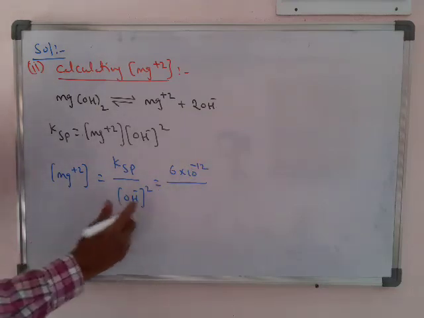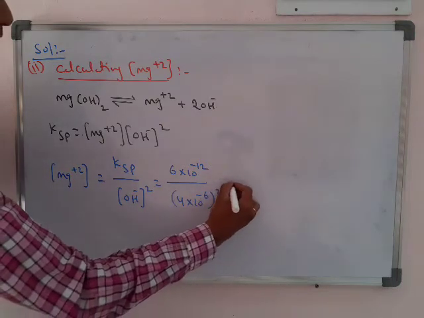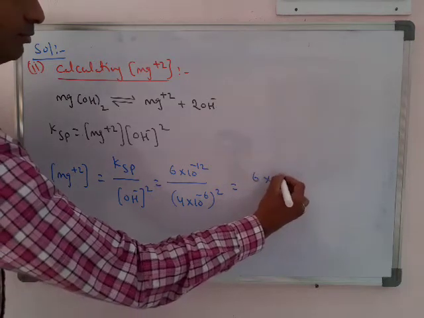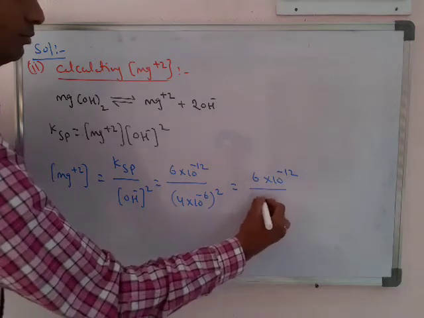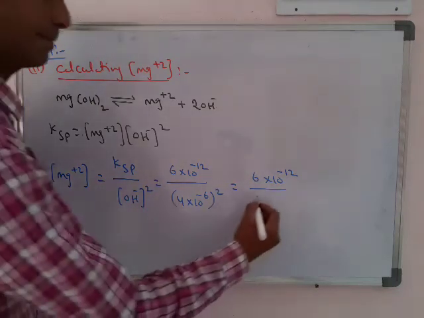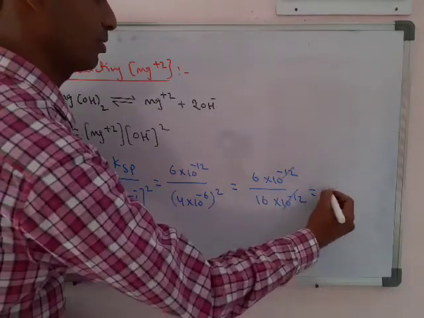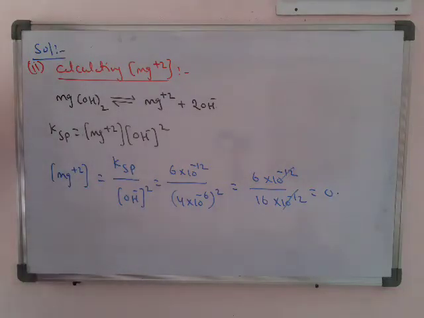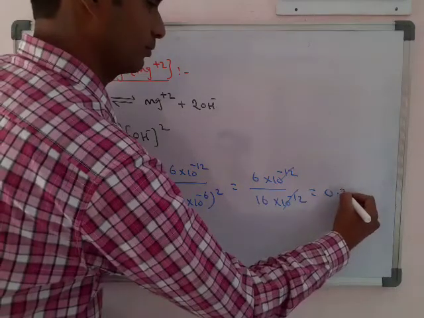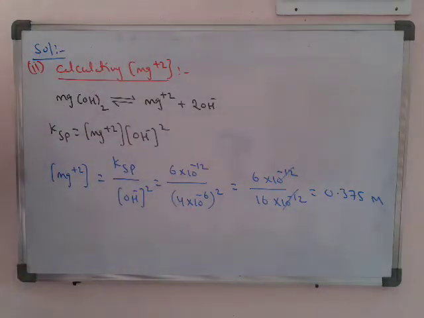Just now we calculated. So 4 becomes 16. So it becomes 0.375, so approximately 4. In the similar way, we can calculate the aluminum concentration.